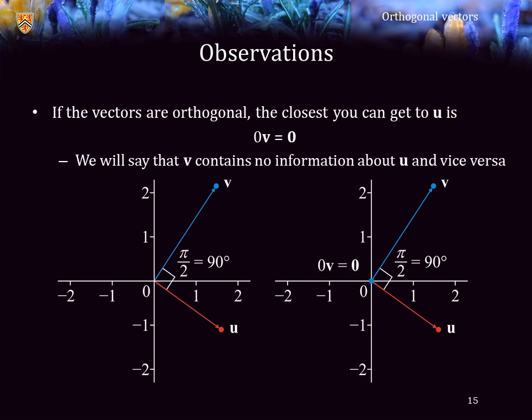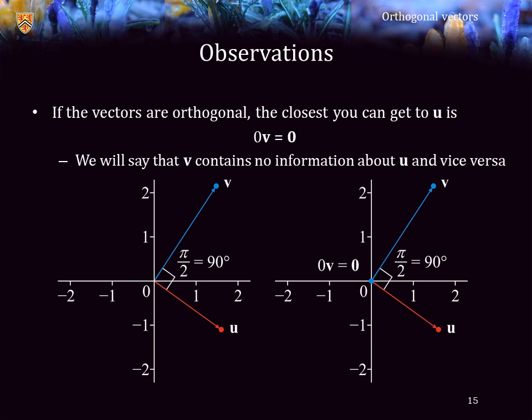Let's consider what happens if vectors are at right angles to each other, or orthogonal. Well, the best approximation of u by a scalar multiple of v is going to be 0 times v, because any other scalar multiple of v is actually going to be further away from u than the 0 vector.